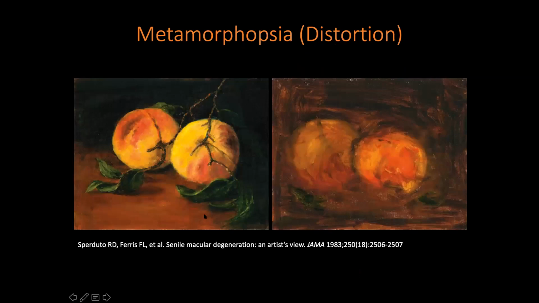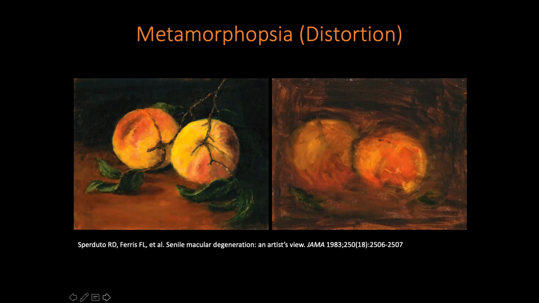Here you can see an artist's view of metamorphopsia, which was published in JAMA in 1983. Dr. Billings was a physician and trained artist, and he experienced bilateral macular degeneration that was more severe in his right eye. And to demonstrate how his vision was affected, he painted a series of oil paintings using first the vision of both eyes and then the vision in the more severely affected right eye alone.